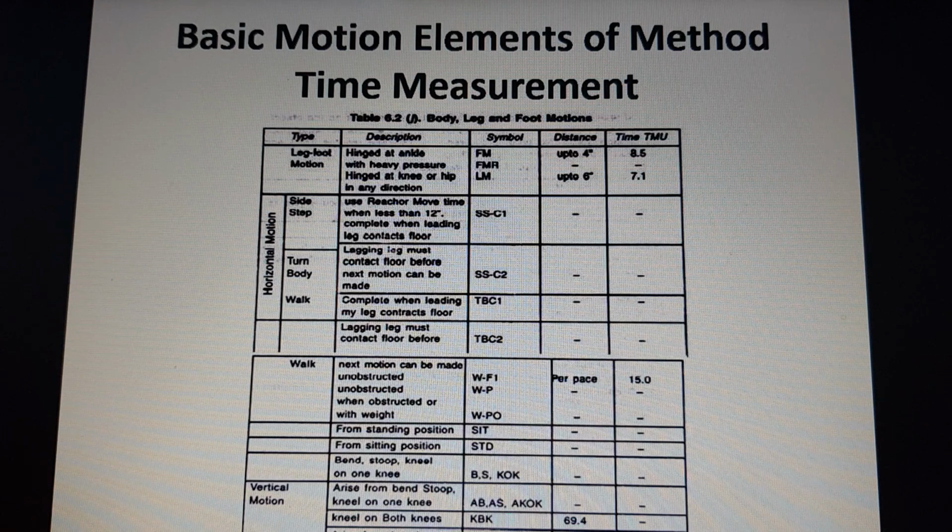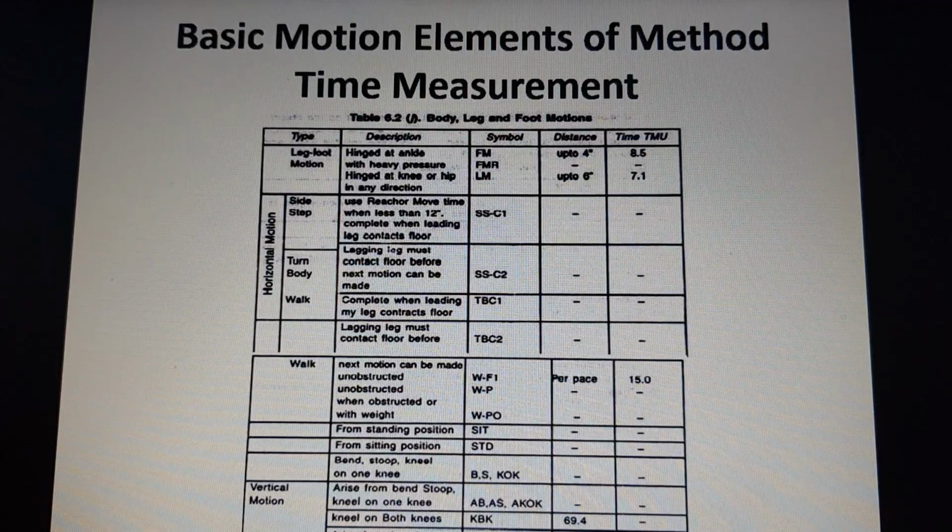It has different descriptions of the type of movement that is being applied, and the symbols that are part of that movement specifically. And depending on the distance in which we are moving, the TMU time is going to increase. That's basically the explanation.